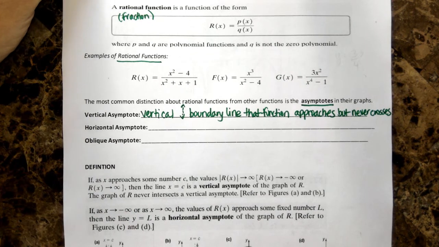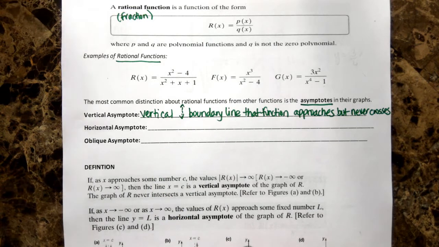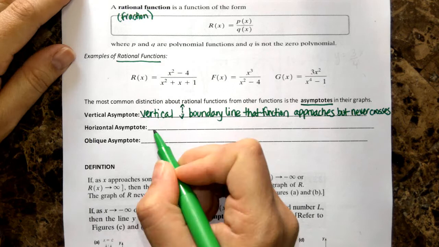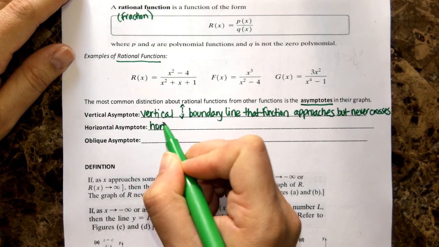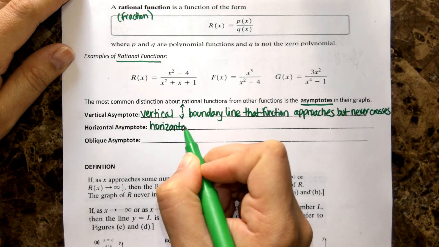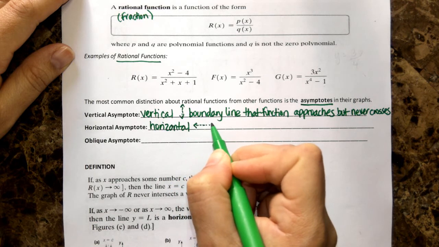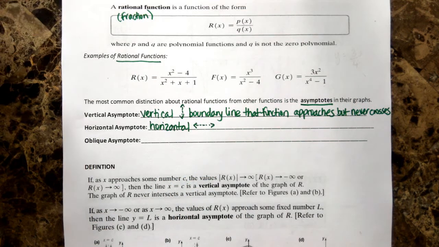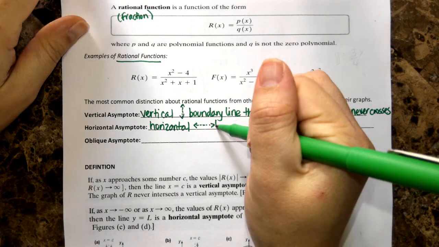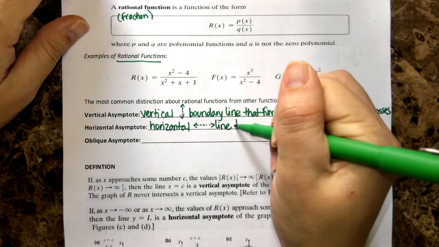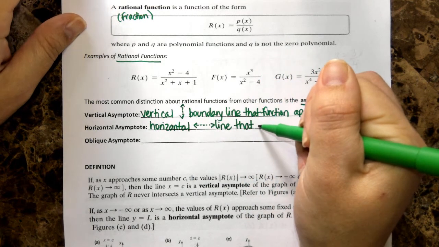The next definition is horizontal asymptote. Very similar. It is also kind of a boundary line of some sort, except a horizontal asymptote is a horizontal, meaning side to side, horizontal, left and right, a horizontal line that a function approaches.